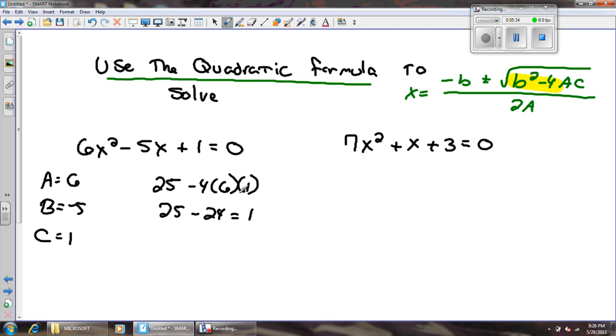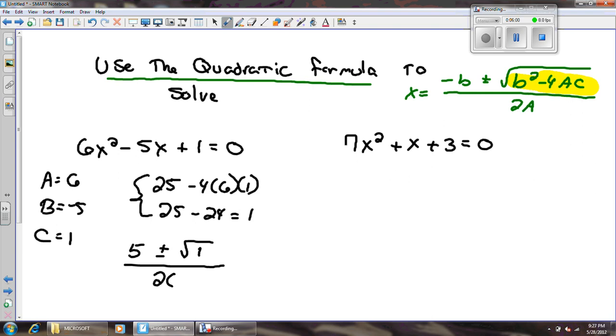There's going to be two solutions. Remember, if it equaled 0, I'd get one solution. And if it was a number less than 0, a negative, I would get no solutions. All right, so now I'm going to do the negative of b, which will be 5, plus or minus the square root of 1. Notice, because I already did the discriminant right here, I didn't waste my time doing it all again.